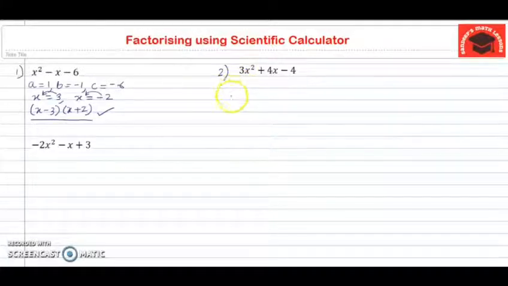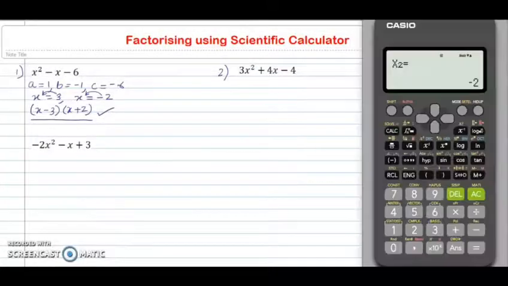Now again, if I use my calculator, if I put a as 3, b as 4, and c as -4, I will get the two values of x. One is 2 by 3 and the other one is -2.